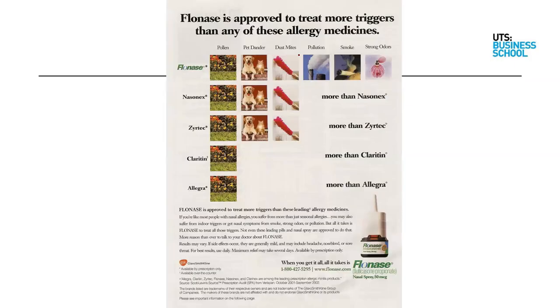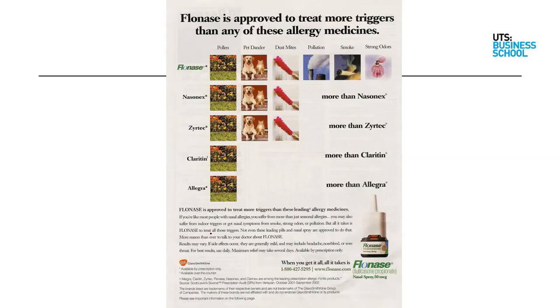And here's another example of the brand Flonase. It is one of the allergy medicines, and they have done a comparison of how Flonase addresses so many needs, for example, pollen, pet dander, dust mites, pollution, smoke, strong odors, and compared how Flonase compares to Nasonex, Zyrtec, Claritin, and Allegra.